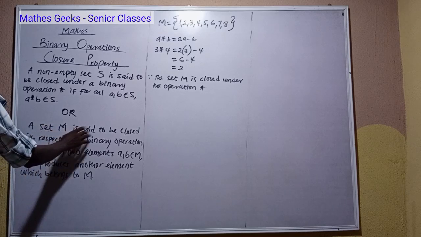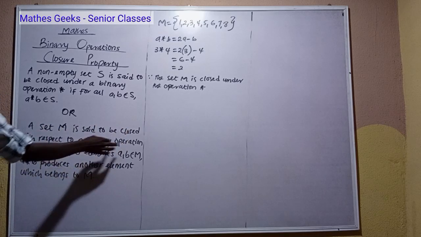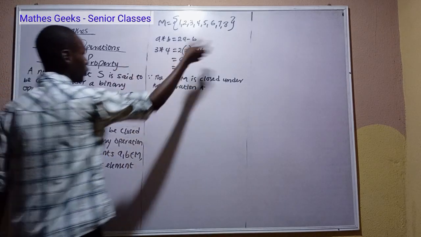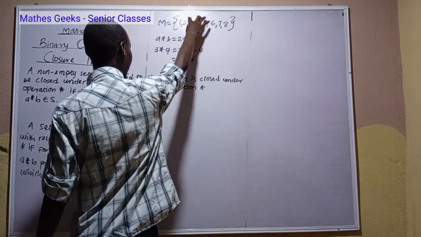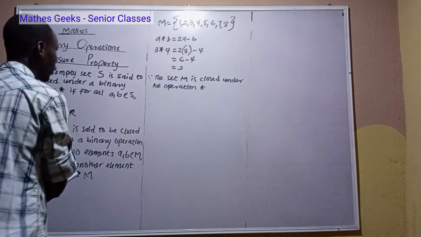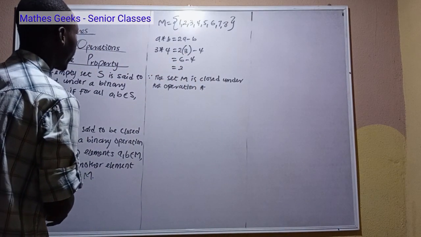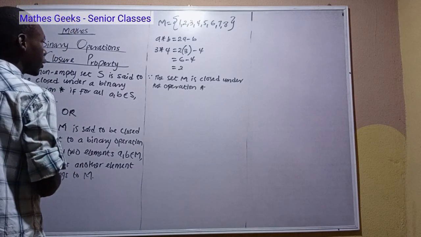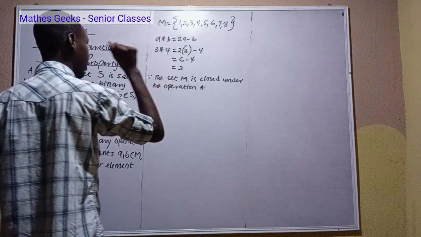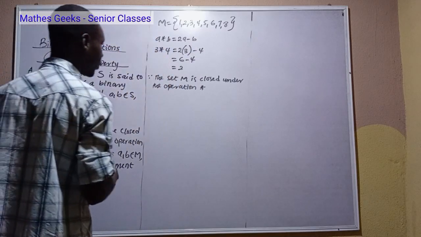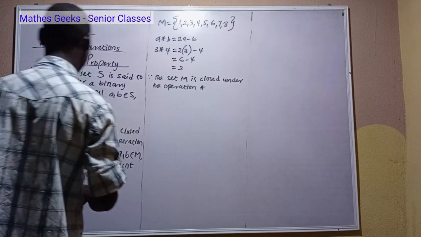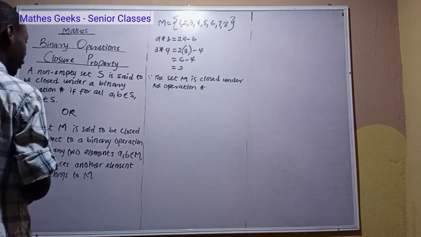So it's the rule of combination. The set M is said to be closed with respect to a binary operation star if for any two elements A, B, if any two elements are combined using the rule of combination that is given, or using the operation that is given to you, such that the final result also belongs or is a member of that set, then that operation is said to be closed, or that set is said to be closed under the binary operation.